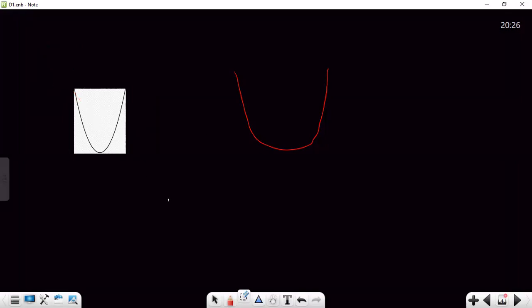From now on, I'm just going to draw my parabola like this because I only know this drawing. I'm looking for a perfect drawing, but I'm not able to find it.